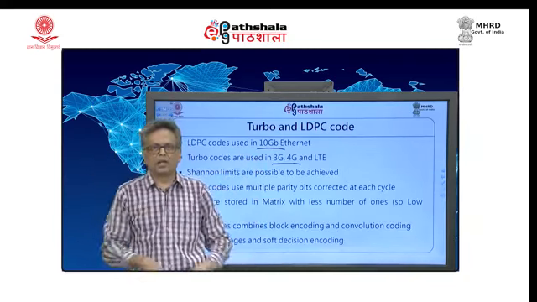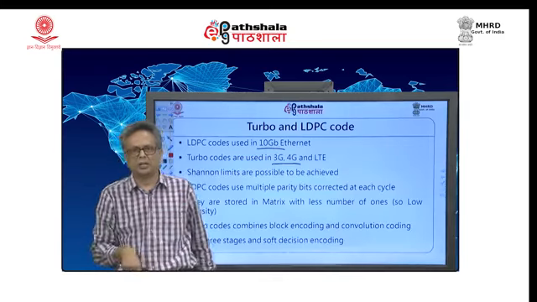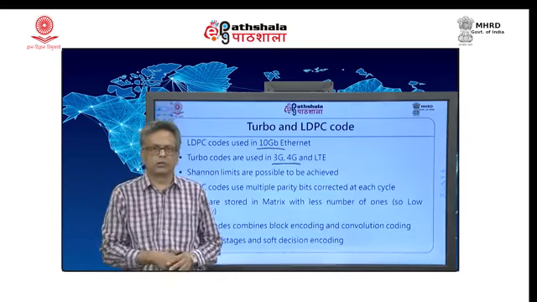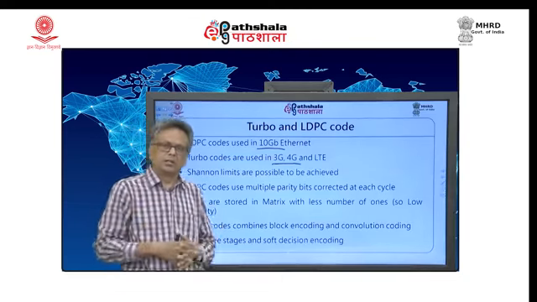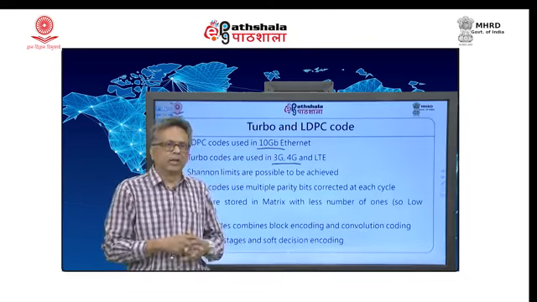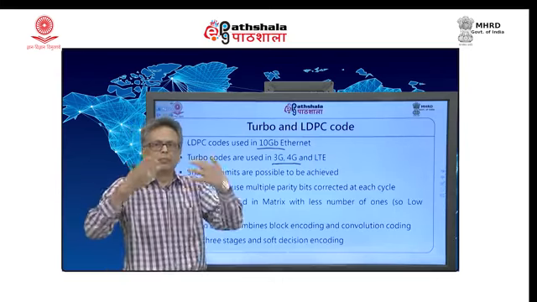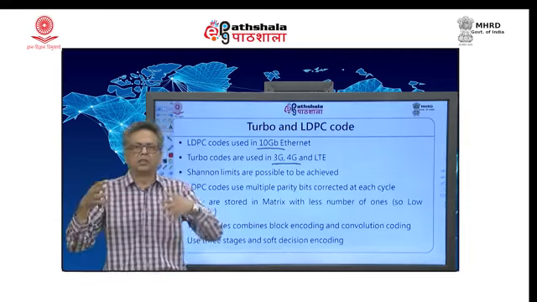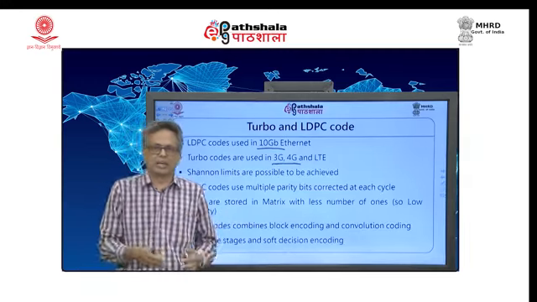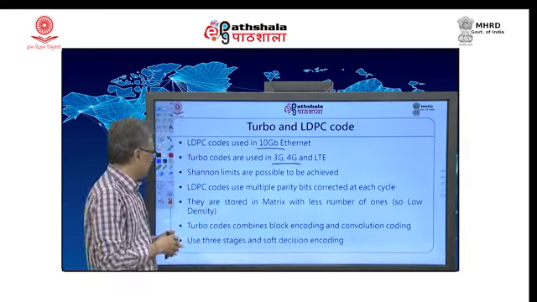Here you have m into n big array, a matrix where some values are 1, most values are 0, that is why it is called low density, and based on that it will calculate the possibility of error. Actually, it will continue revising that, eventually you will get the output which is most nearer with least error. Okay, it is an iterative process.